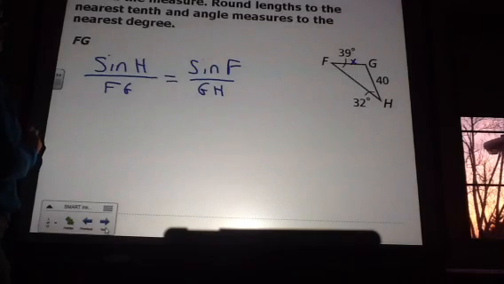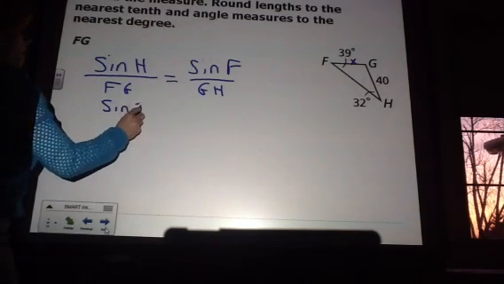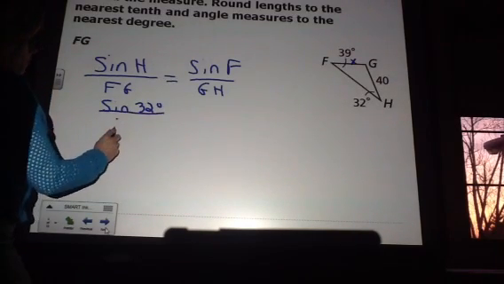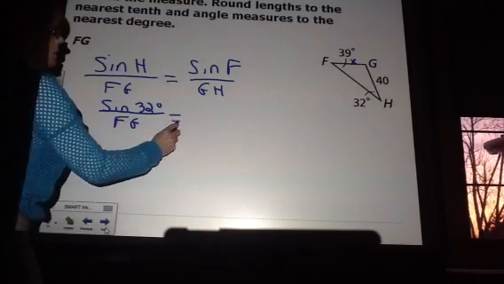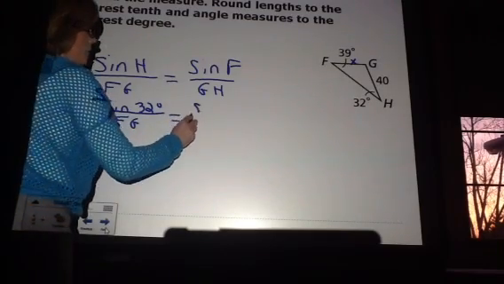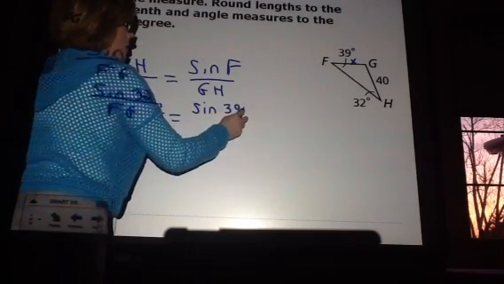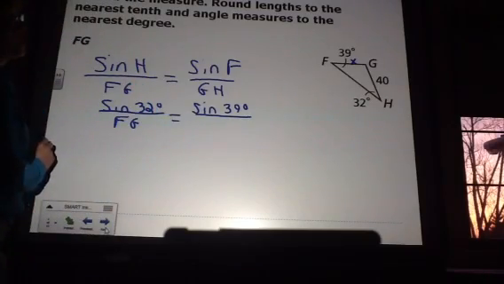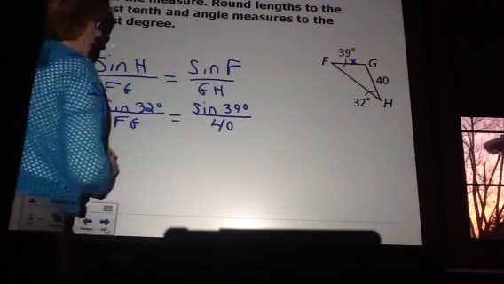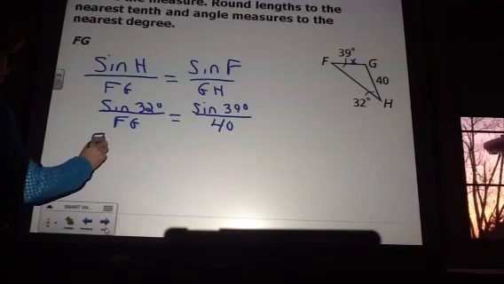So let's substitute in. You have the sine of 32 degrees over what we're solving for, equals the sine of F, which is 39 degrees, over 40.